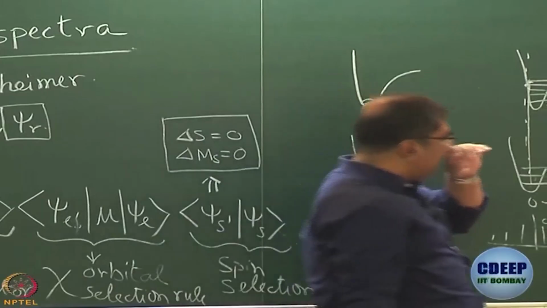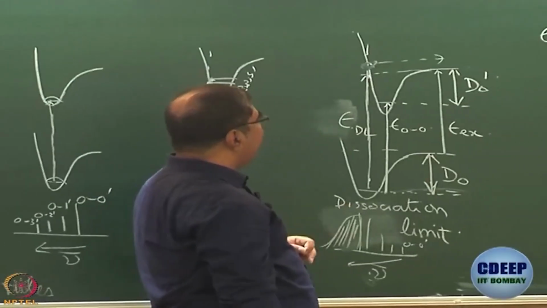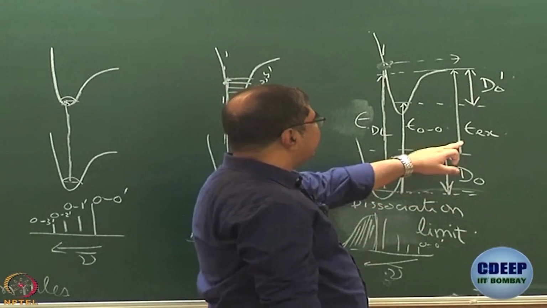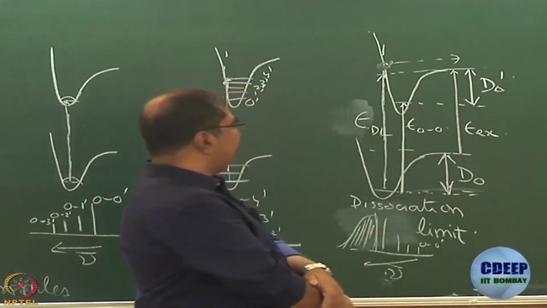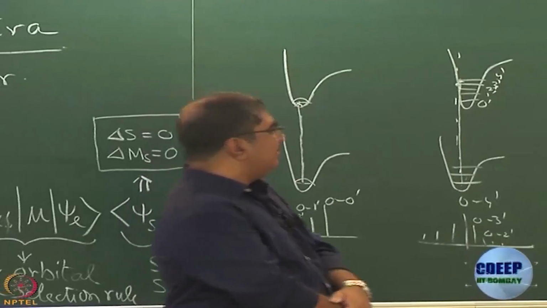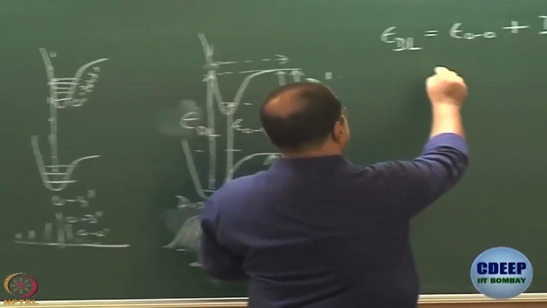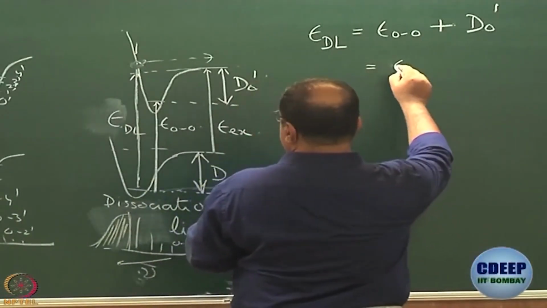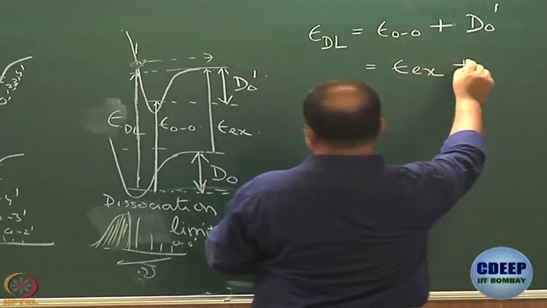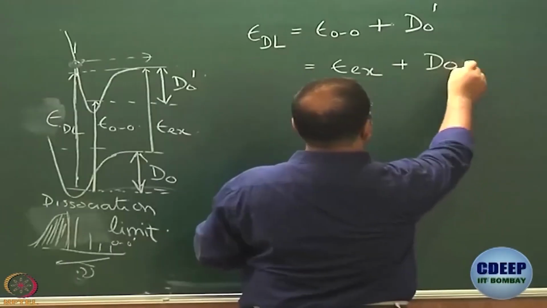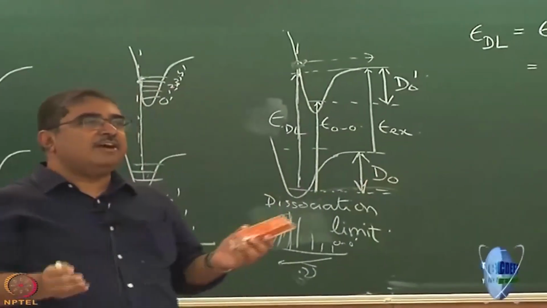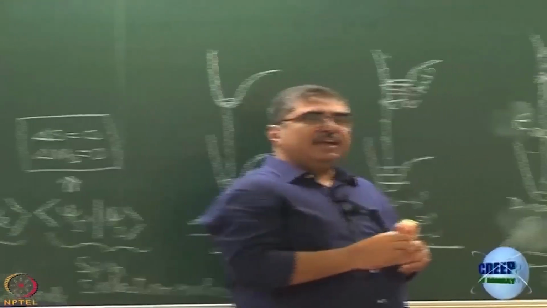Now if I reformulate, what do I get? What is D0 plus epsilon Ex? I can write this like this, epsilon Ex plus D0.